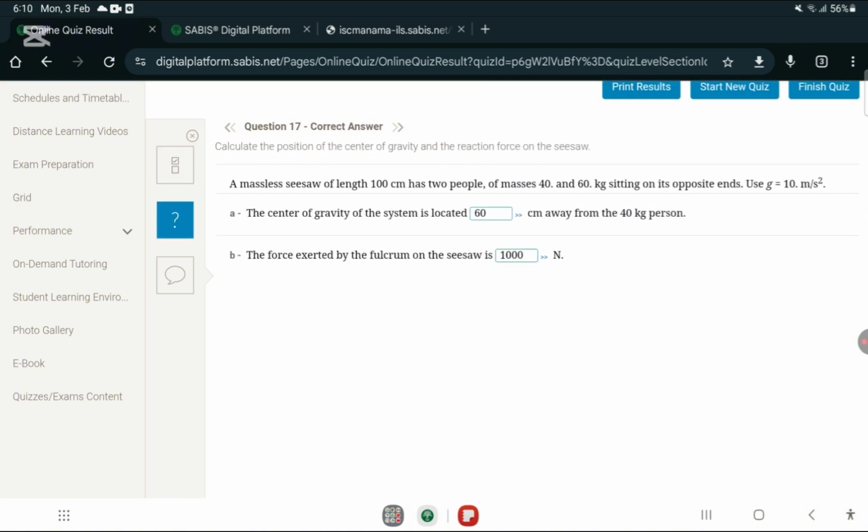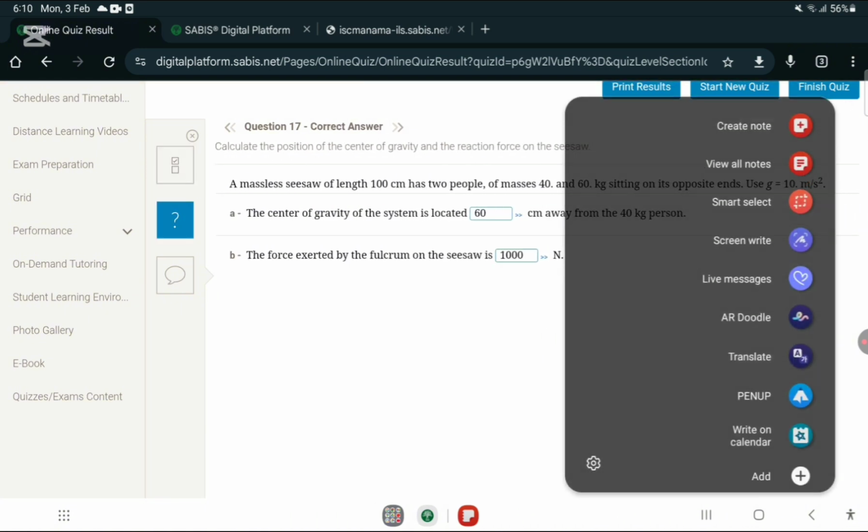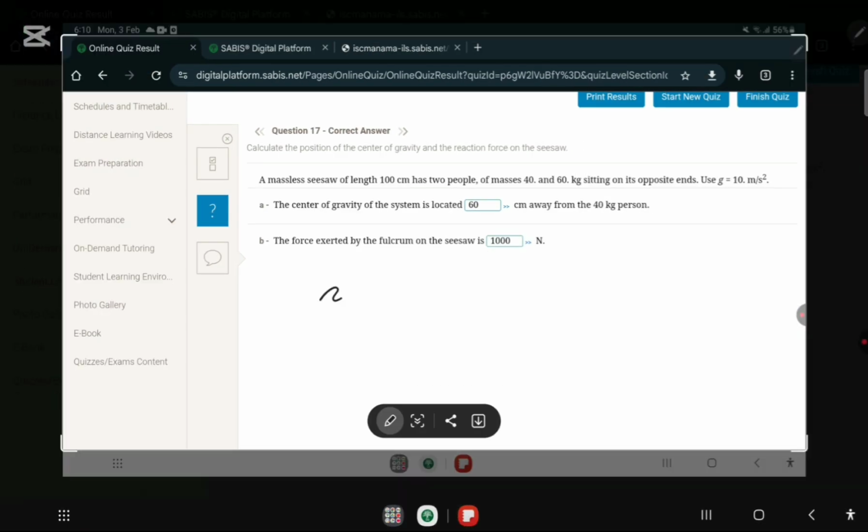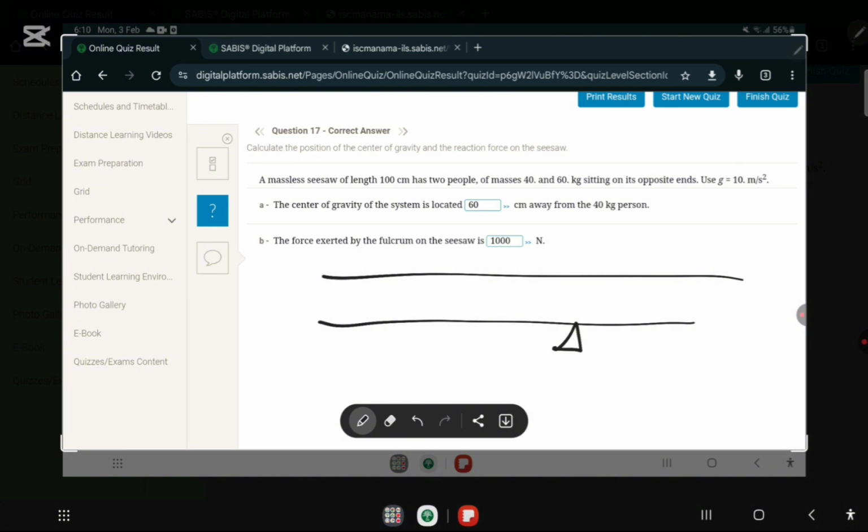Okay, this one is really simple. We just need to draw it. Here we can plot it anywhere we want. Let's say I plot it over here. And the entire thing is 100 centimeters.